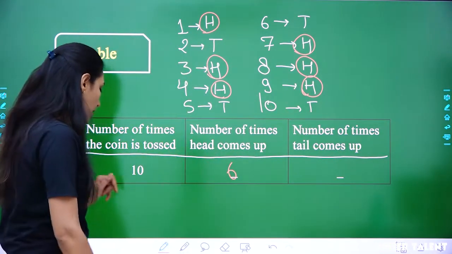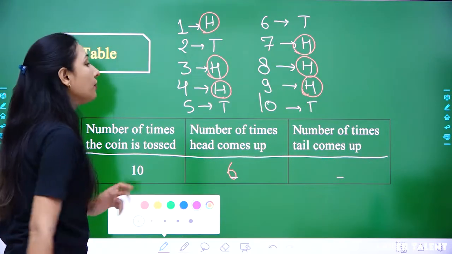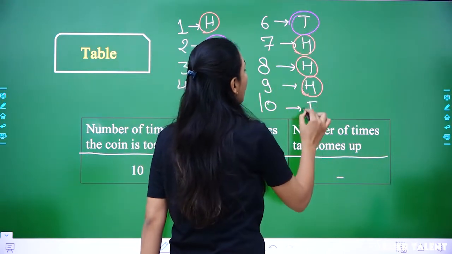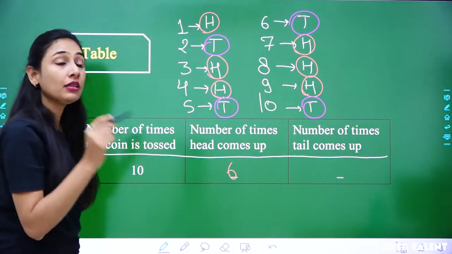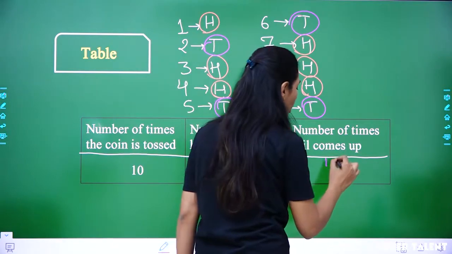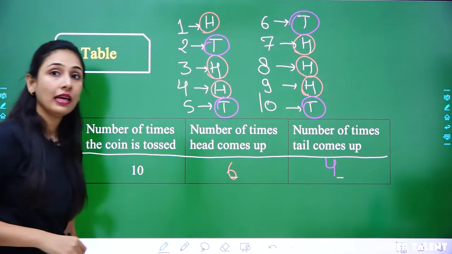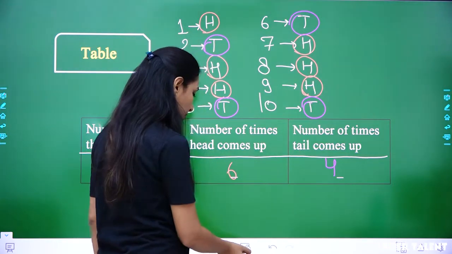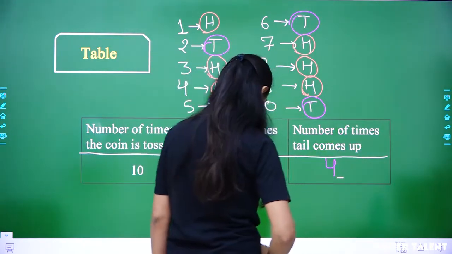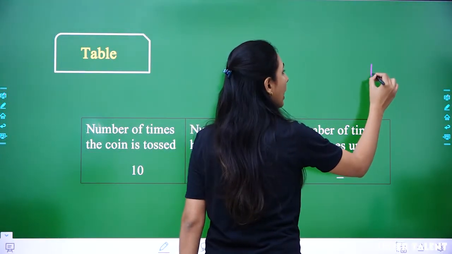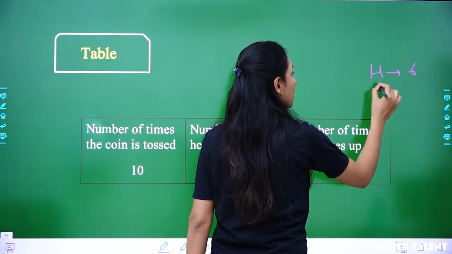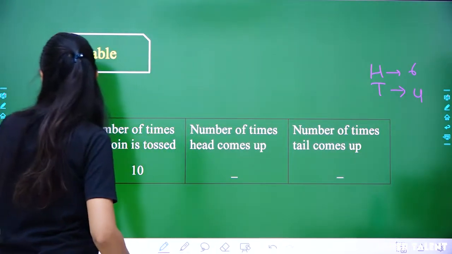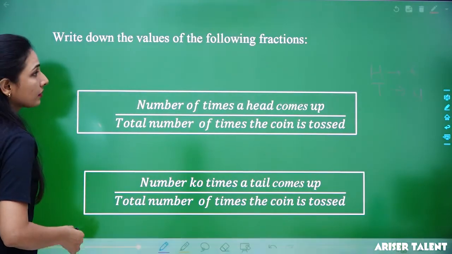But just for the procedure, we are going to count it too. So tails: 1, 2, 3, 4. All covered. So the number of times we got tails is 4. Head 6 times, tail 4 times. We can write it here.